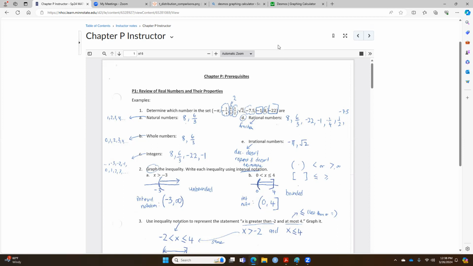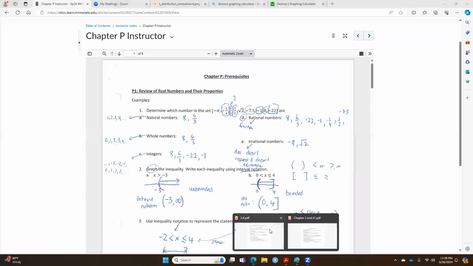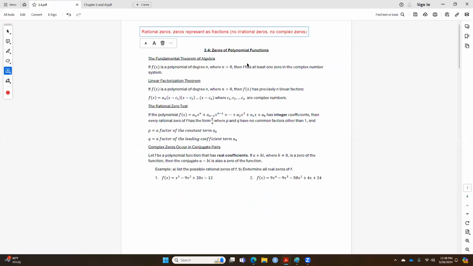Okay. And then we also have another type of zeros that we will learn here. It's called the real zeros. So you need to watch carefully what kind of zeros we have. Rational zeros are zeros that can be represented as a fraction, and irrational zeros are not included.